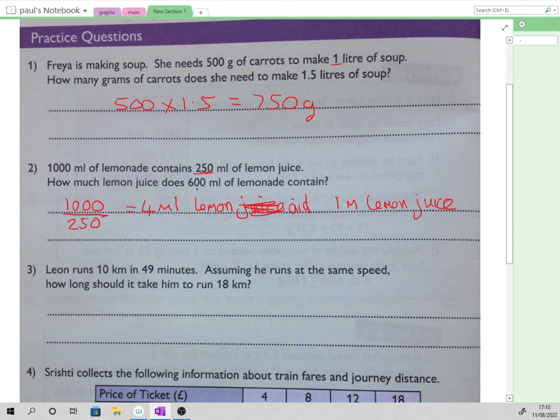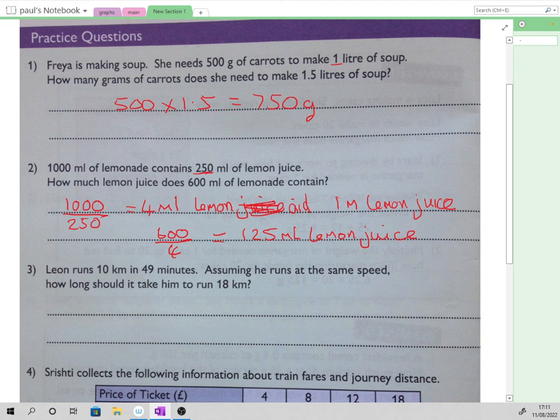So now we're going to make 600 mils of the lemonade, so we've got to multiply that up. 600 divided by 4 is 150 mils of lemon juice. Oh, didn't like that one.